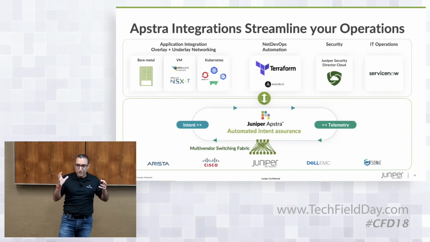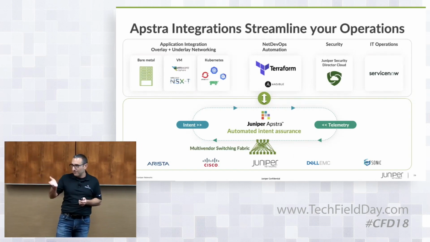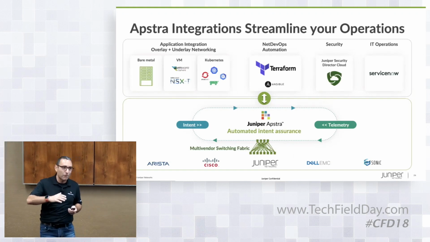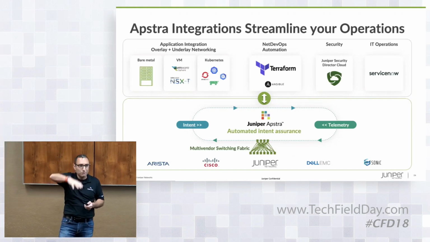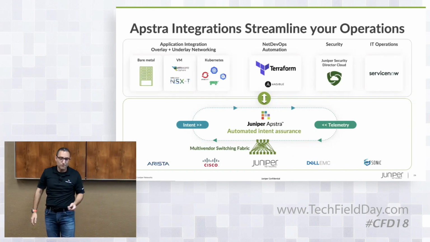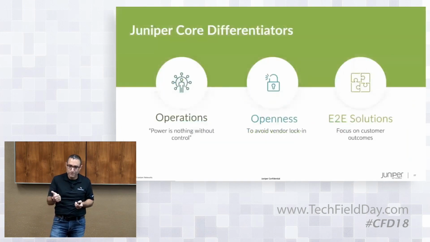And one of the tools that has become very popular to manage data center and cloud environments is Terraform. And one of the things we're going to showcase today is an integration with Terraform as a unified tool to manage your data center network through Apstra, but also your public cloud. So that's openness.